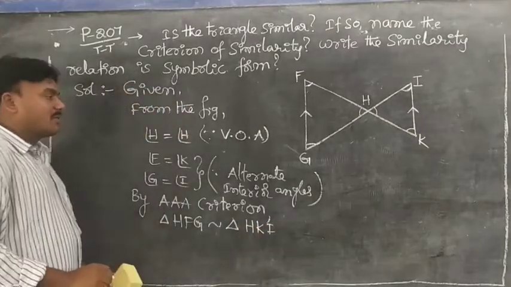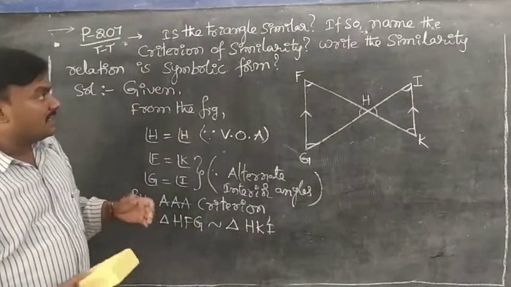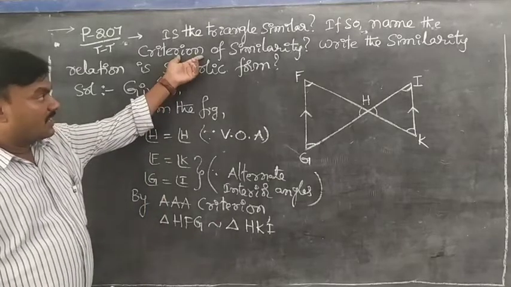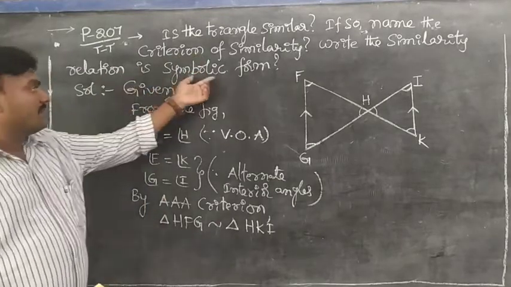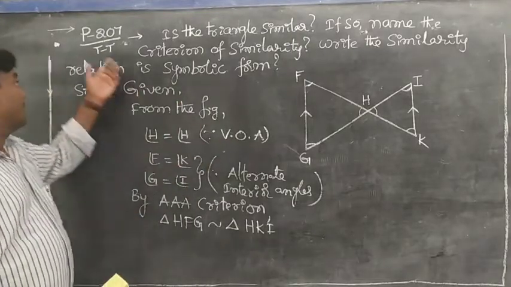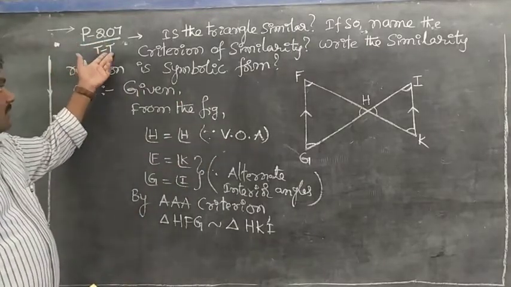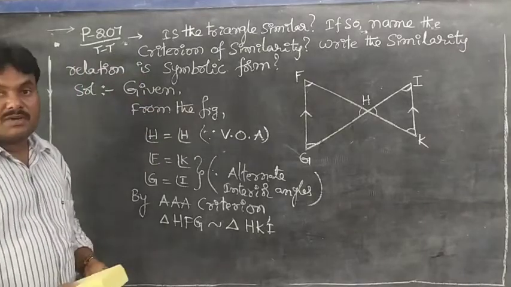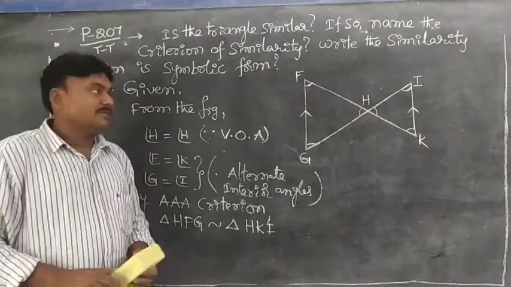This is the way of approaching. What is given: if the triangles are similar, name the criterion of similarity. What is the similarity relation in symbolic form? There are so many problems regarding these, so practice the remaining problems in your running notebook, students.